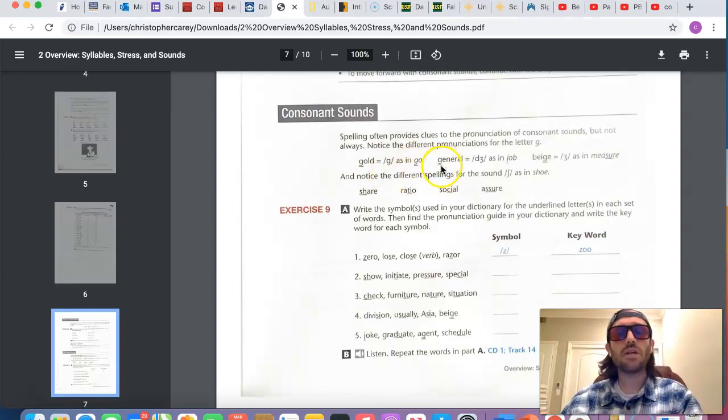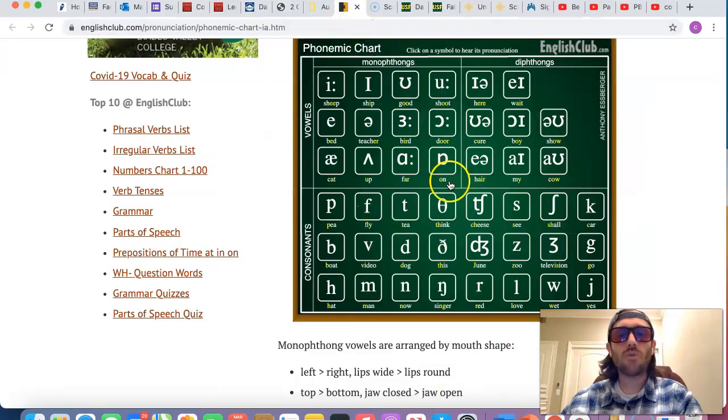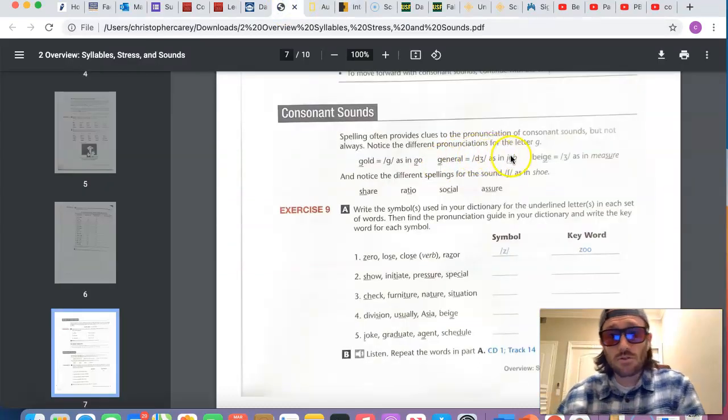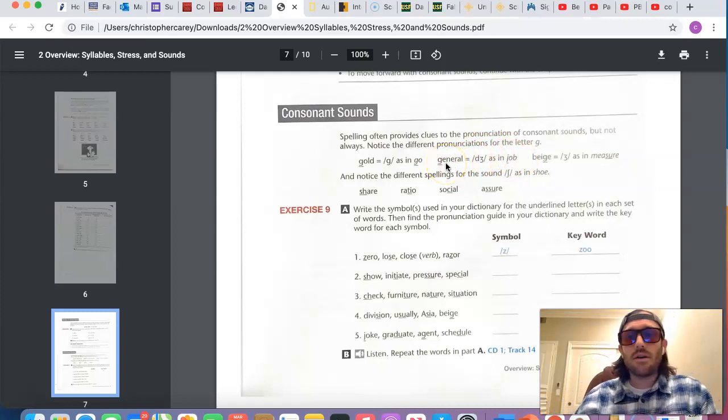Like, for example, in general, j, general. No longer is it the traditional G consonant sound, it's what is normally used for the J consonant sound. So sometimes there's some differentiation there.